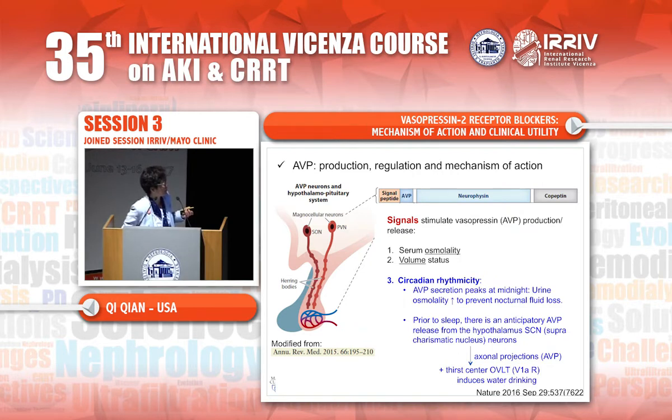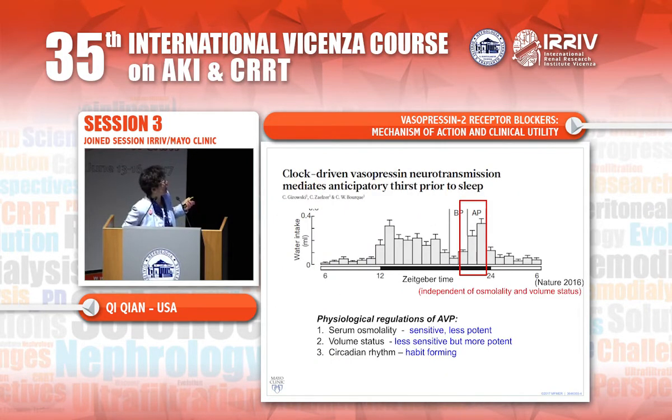And prior to sleep, there's very good evidence showing an anticipatory AVP production mediated by the vasopressin V1 receptor, inducing water drinking before we go to sleep to prevent nocturnal hypovolemia. This is an anticipatory fluid drinking, which is independent of osmolality and volume status.